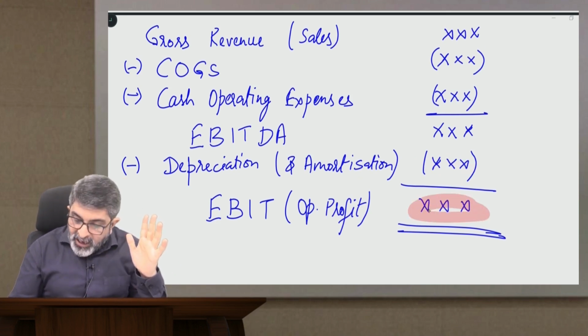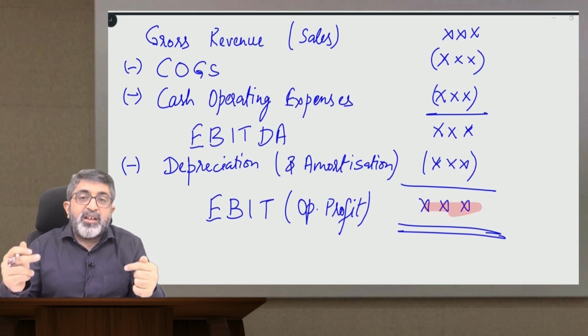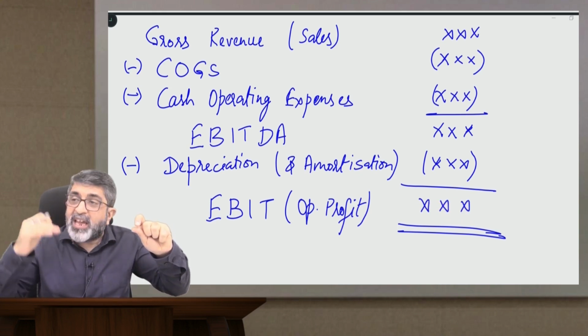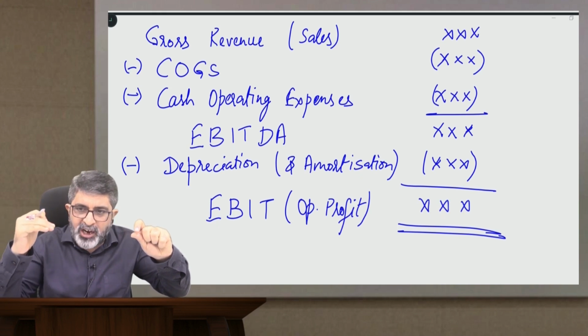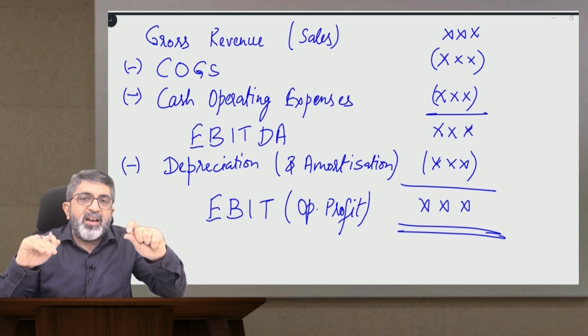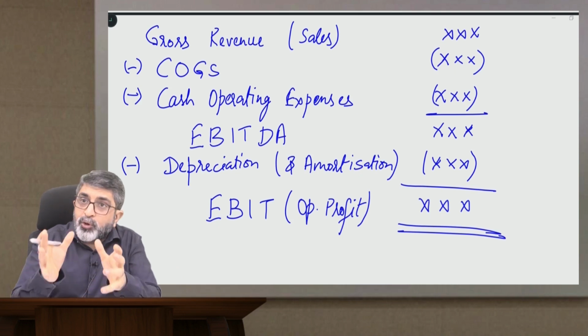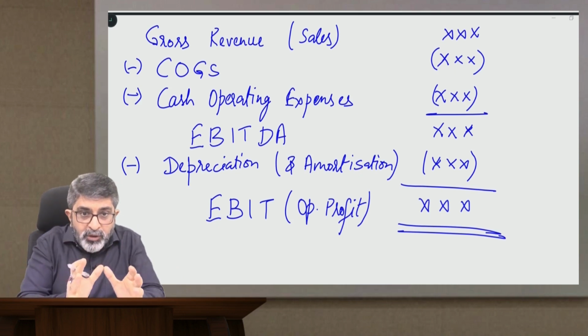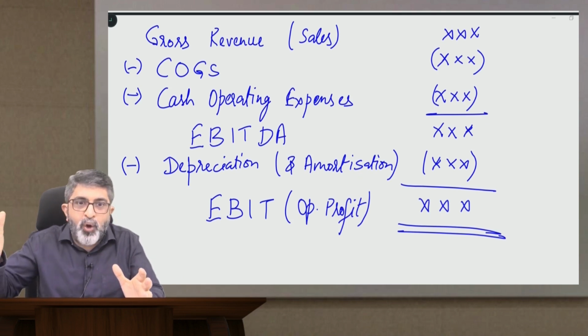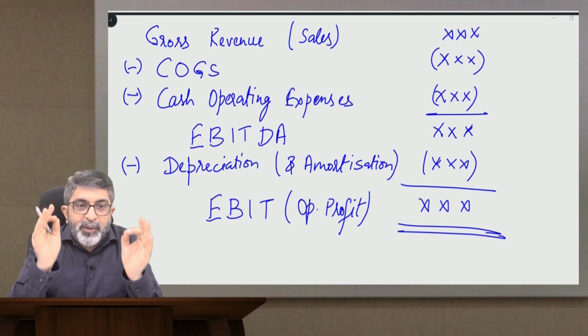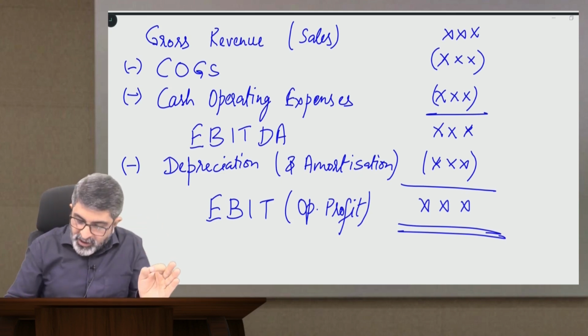So your operating profit is reduced by the amount of depreciation. In other words, EBITDA minus depreciation and amortization is landing you at EBIT or your operating profit. So your operating profit amount and the related cash flow amount, they are not same, they are different because depreciation has been charged over here.